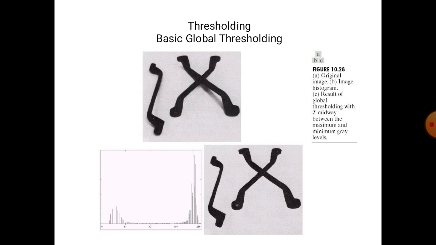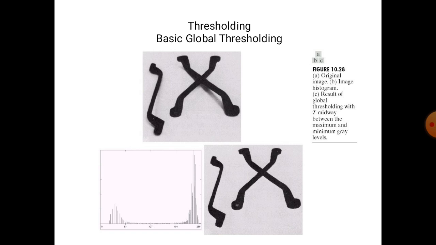Here is the basic global thresholding. When the intensity distributions of objects and background pixels are sufficiently distinct, it is possible to use a single threshold applicable over the entire image.